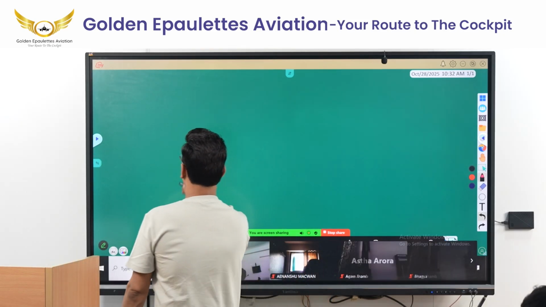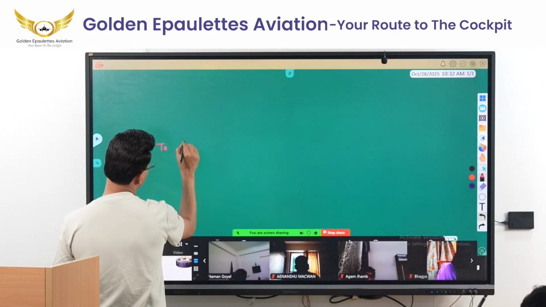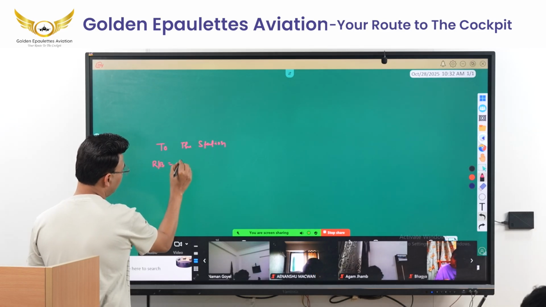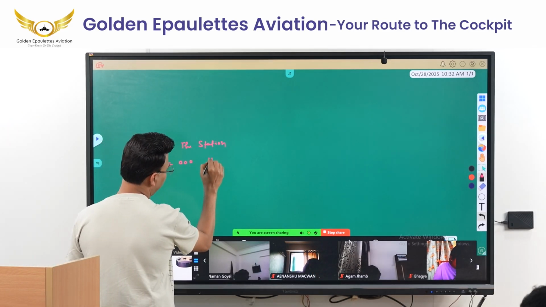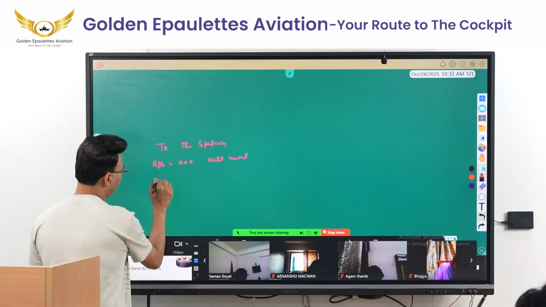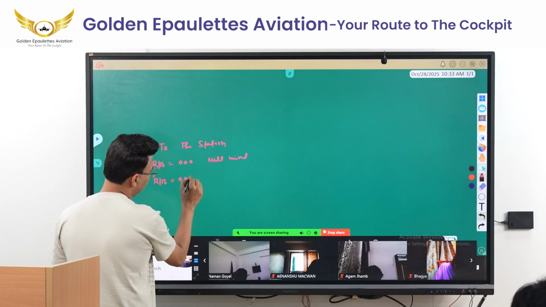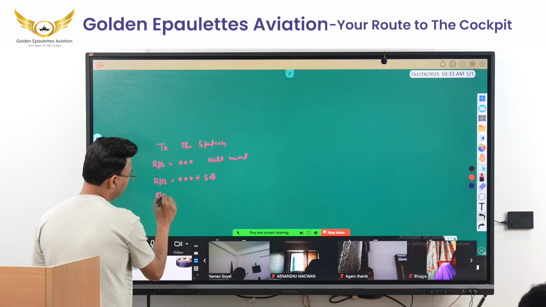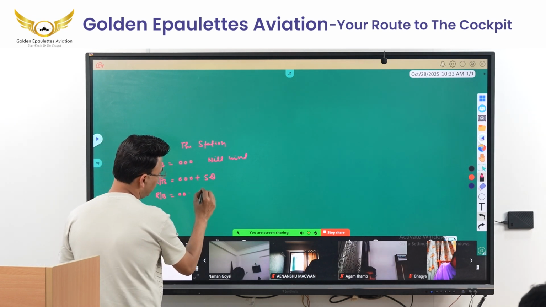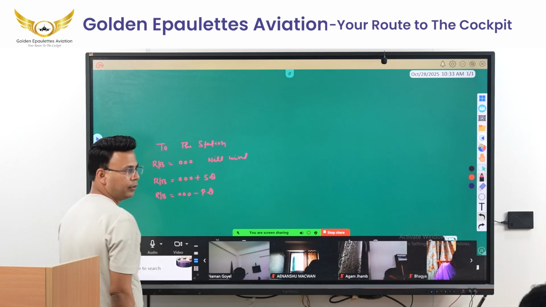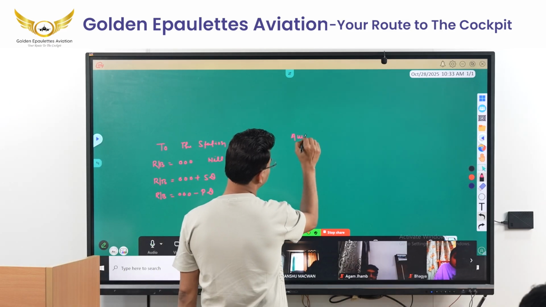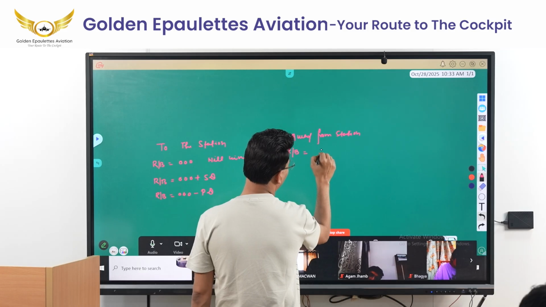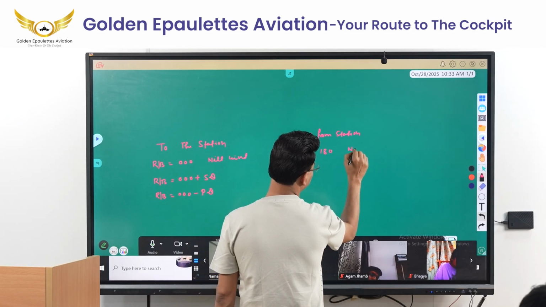In summary, to the station, relative bearing is equal to 0, nil wind. Relative bearing is equal to 0 plus starboard drift. Relative bearing is equal to 0 minus port drift. Away from the station, relative bearing is equal to 180 nil wind.